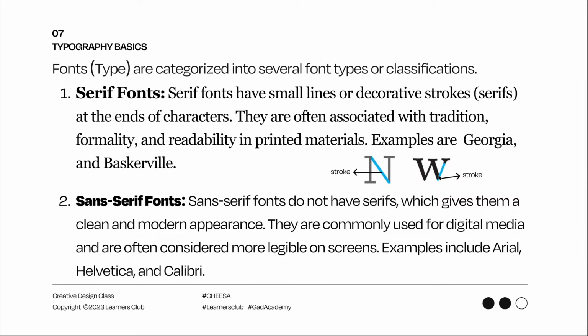Even when they are very small, you can still read them because of their lack of serifs at the ends of the characters, and they are also very easily noticeable even when they are small. These are sans serif fonts.